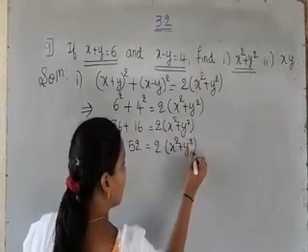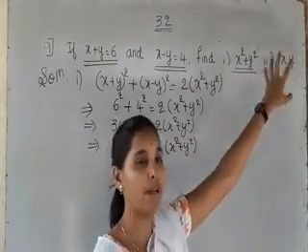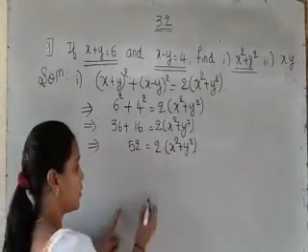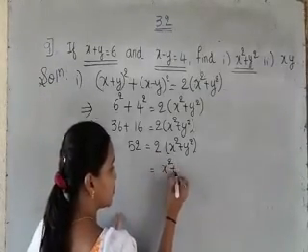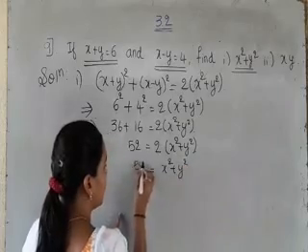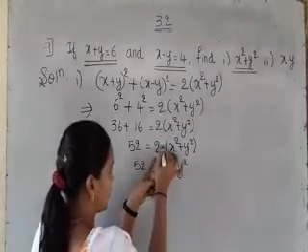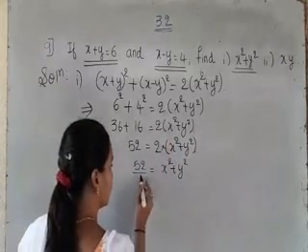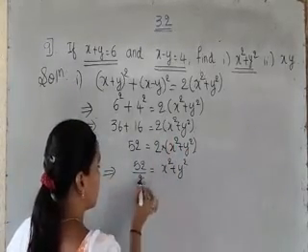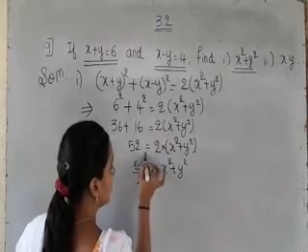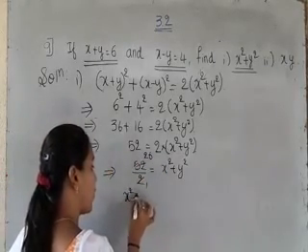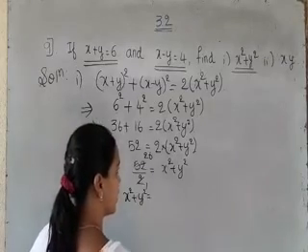We have to find just x square plus y square. So this 2 we have to shift to this side. If we shift, it is in multiplication, so it will become divided by 2. 2 ones are 2, 2 twos are 4, 2 sixes are 12. Therefore the value of x square plus y square is equal to 26.